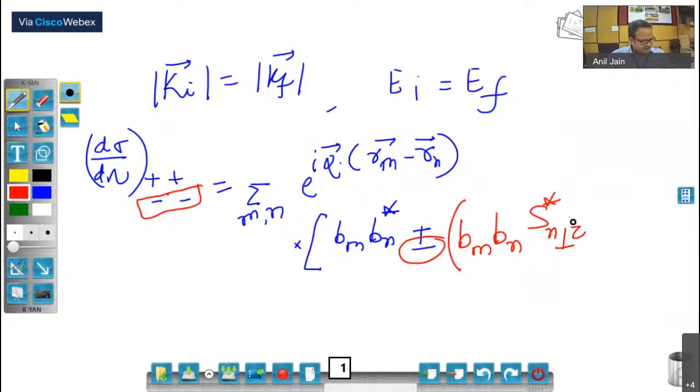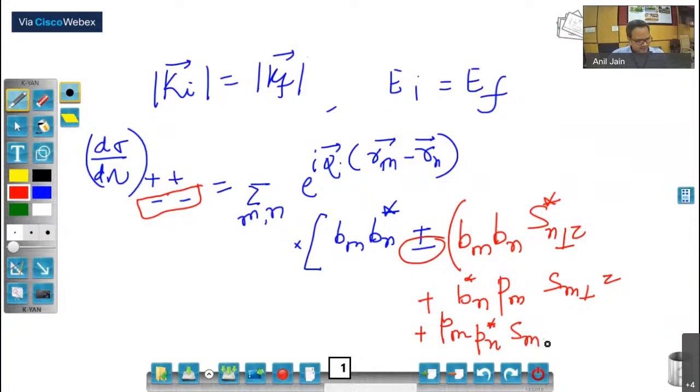So this is the complex conjugate, plus b n p of m. p is the magnetic scattering length, S of m perp z, plus a third term, p m p n, S m perp z, S n perp z.